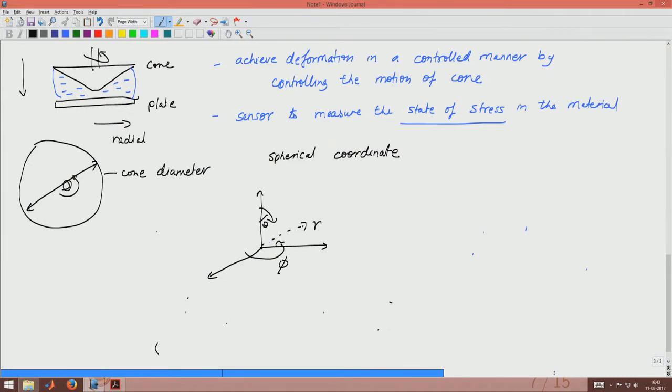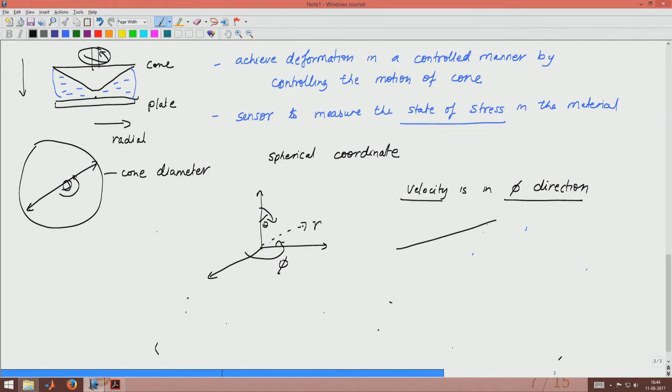We can take this point as the center of our coordinate system. What we have in this case is that velocity is in the phi direction, because the cone is rotating, so the rotation direction is in the plane.